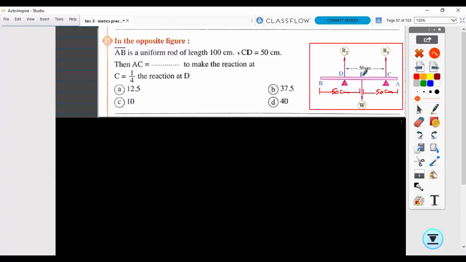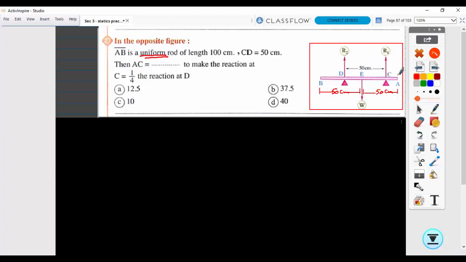Let this point be E. So the distance between E and A equals the distance between E and B. AB equals 100, so AE equals 50 and BE also equals 50 because it is a uniform rod. And CD equals 50 from the figure.